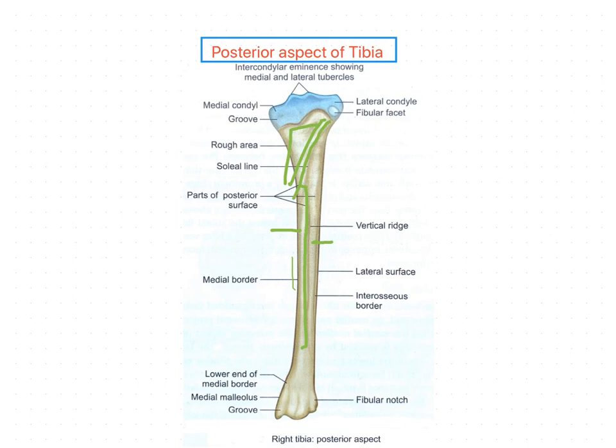Why am I explaining this? Because in all these places some of the muscles are getting attached. So now we will see the attachments on the posterior aspect of the tibia.